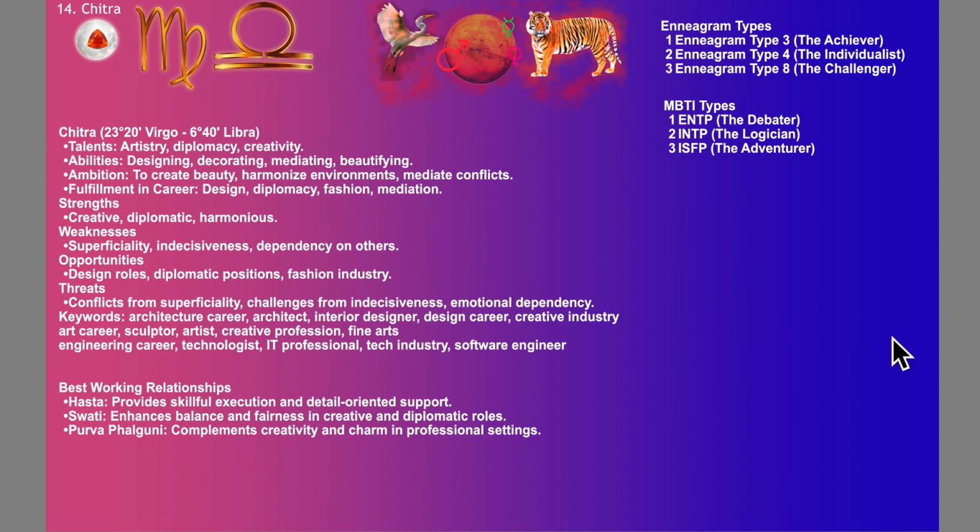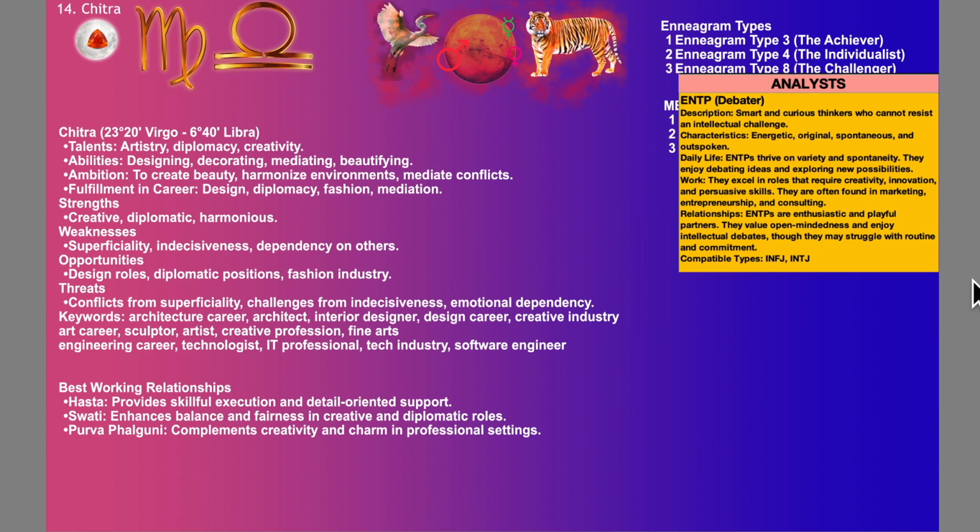Now let's dive into the MBTI types, the Myers-Briggs model. First one in this case we have ENTP. So what does ENTP bring us? The ENTP is a debater, smart, curious thinkers who cannot resist an intellectual challenge.